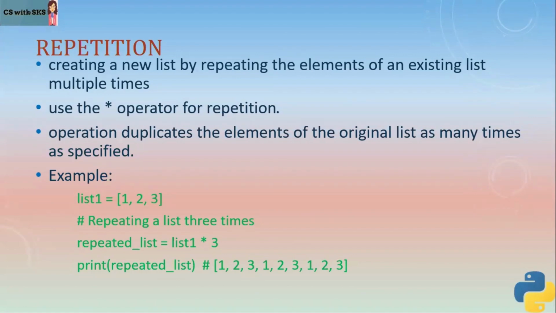So in this case, we multiplied it with 3. So 1, 2, 3 is now repeated 3 times. 1, 2, 3, 1, 2, 3, 1, 2, 3. So that is how repetition is performed in lists of Python, right?